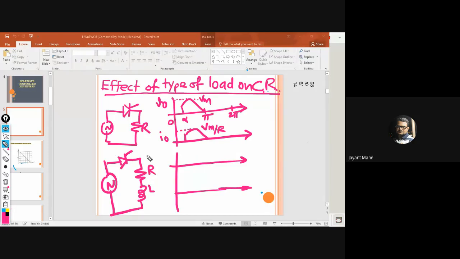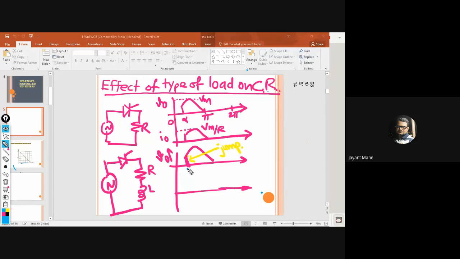Now, as soon as we trigger the HWR at alpha and voltage is applied, it is suddenly applied. There is a jump. So this jump is opposed by the inductor. So current will not follow the voltage. So current allowed is slow rising.